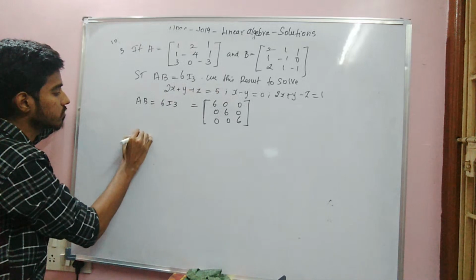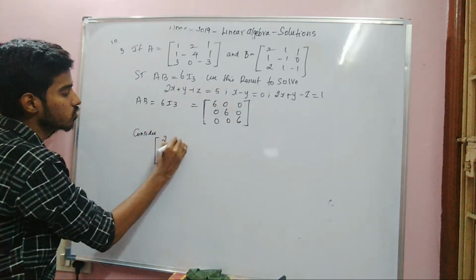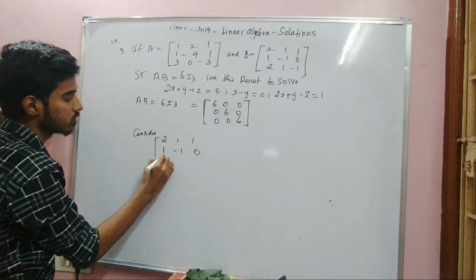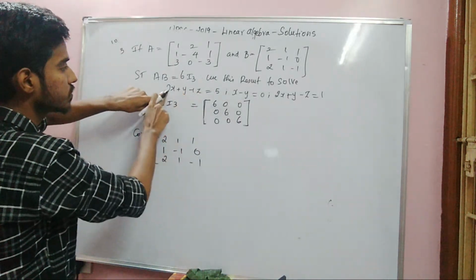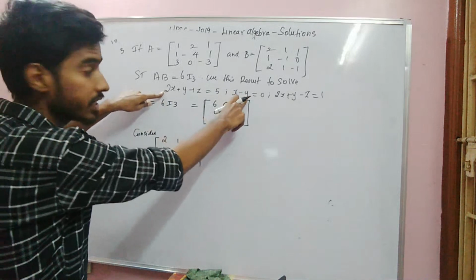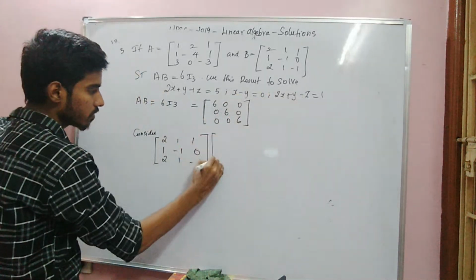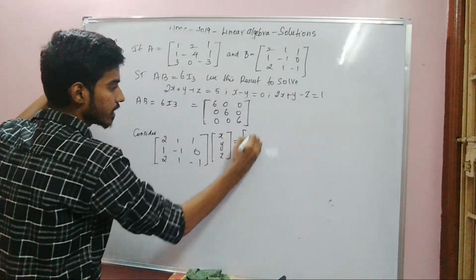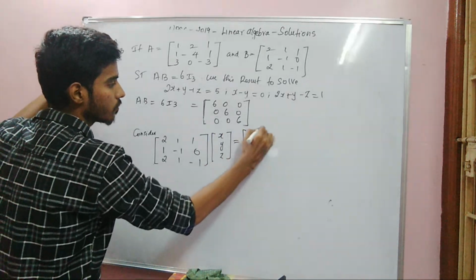Now we need to solve this system, that is 2 1 1, 1 minus 1 0, 2 1 minus 1. These are the x coefficients, y coefficients, z coefficients. Here we don't have a z, so 0. The unknown variables are x, y, z, and the output vector is 5 0 1.